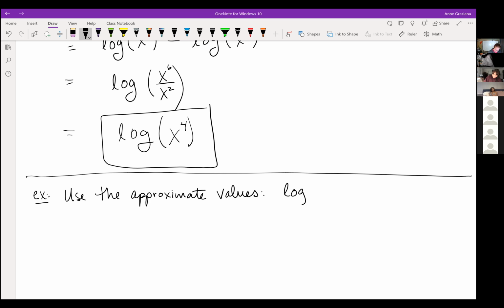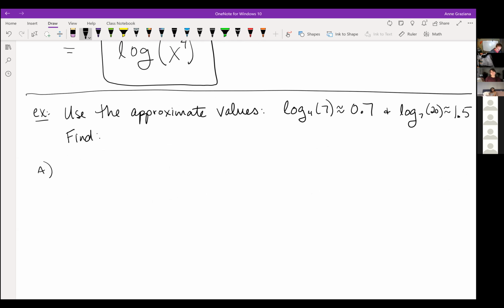So I'm going to tell you that log base 4 of 7, which is not a whole number, because 4 to some power is not 7, is approximately 0.7. And log base 7 of 20 is approximately 1.5. So I'm giving you that. So we're going to use those values to find the following.